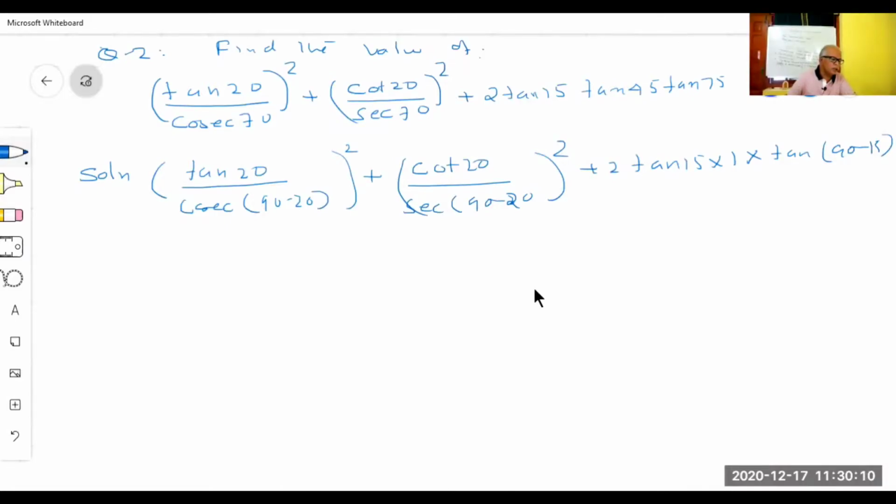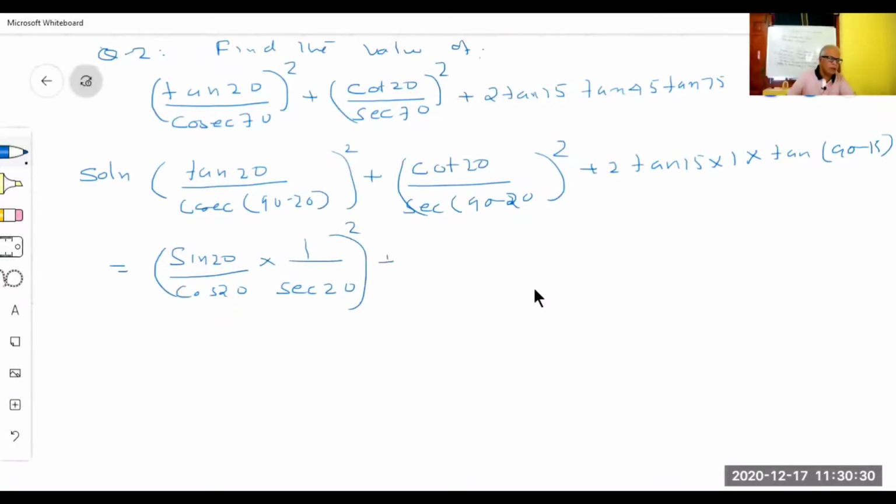So the second step: tan 20, I'll write as sin 20 by cos 20, tan theta is sin theta by cos theta, into 1 by sec 20 the whole square.